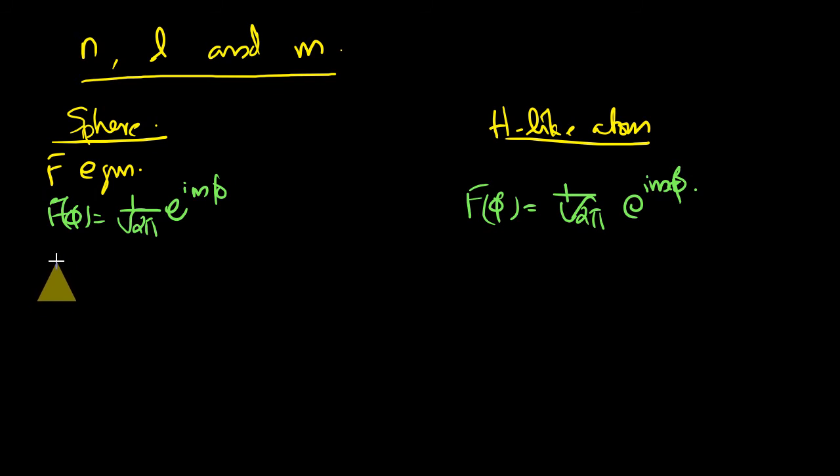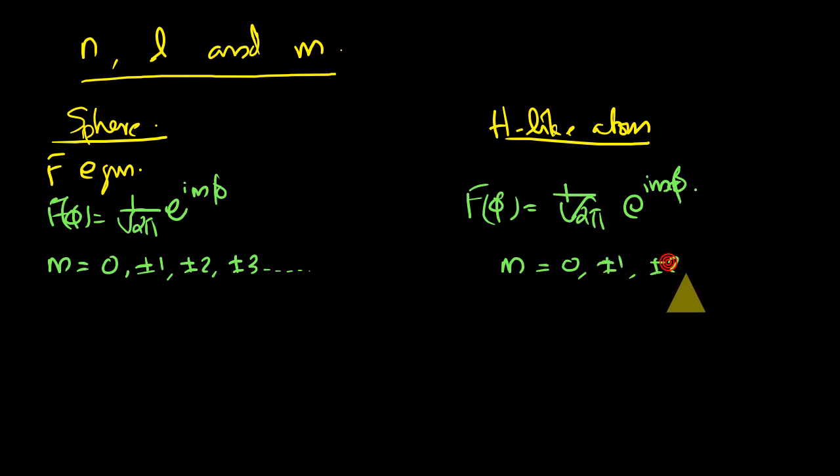I am not going to repeat this because we discussed it in detail, and there we found that m can have the values 0, plus or minus 1, plus or minus 2, plus or minus 3, etc. Since we reached the same equation here, the same considerations apply, and m is also 0, plus or minus 1, plus or minus 2, plus or minus 3, etc. These are the possible values of m in both cases.